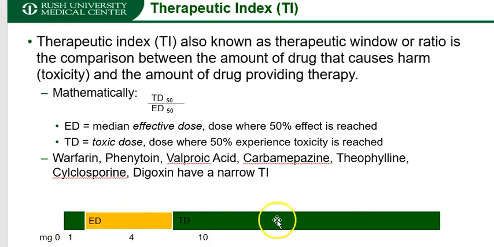All right, so here's the dose. Okay, and the ED is, say, 1.5 or 2 milligrams, and the TD, or the toxic dose, is, say, 7 or 8 milligrams. Okay, so this is your therapeutic window right here.